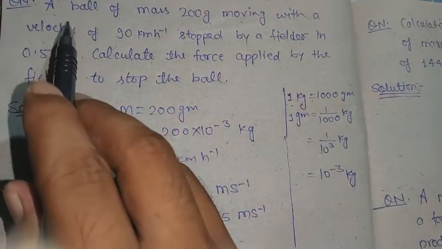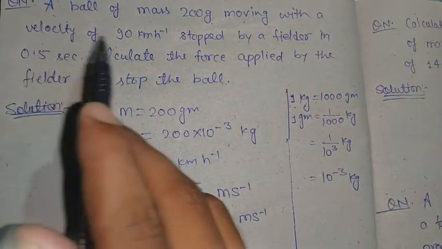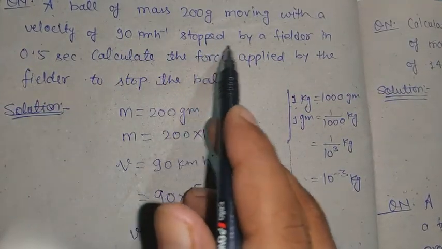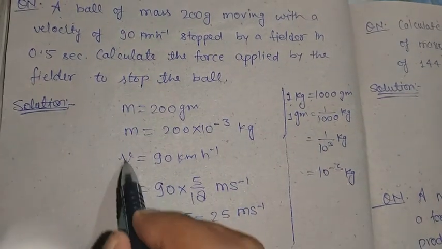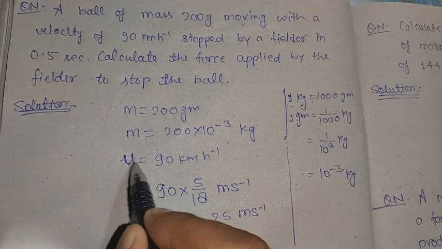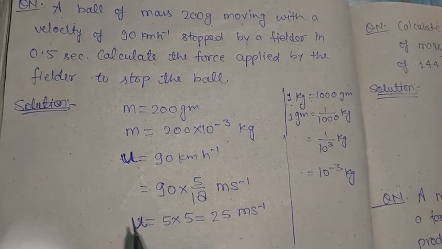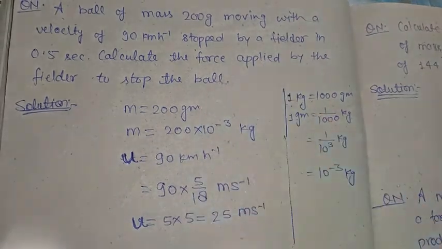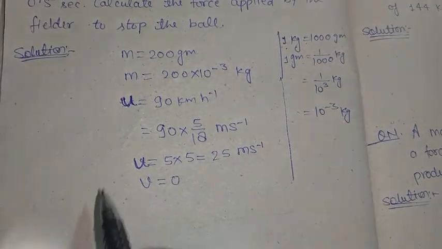Now the question is, the ball of mass 200 gram moving with a velocity of 90 km per hour is stopped by a fielder. This is the initial velocity, so this is u. The ball is stopped, so v is equal to 0.